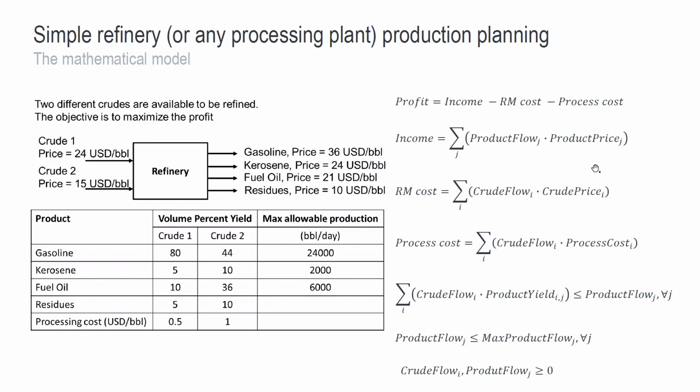So that's where the art comes into the picture later on, how to use this to make some cases. And then raw material cost, similarly, is just about the crude flow; we just need to know which crude we're going to buy and how much. They come with a cost, and then there are processing costs. Different types of crude come with different processing costs because some are heavy, some are lighter, some have lower impurities, and so on, right?